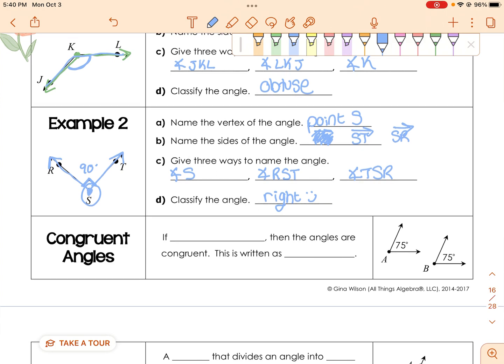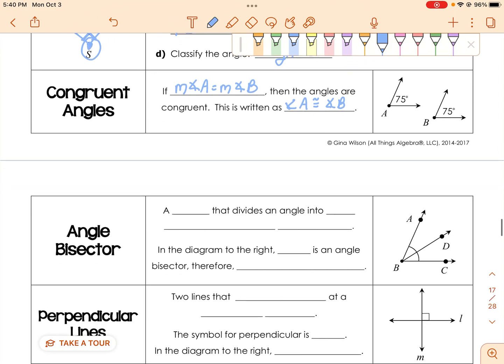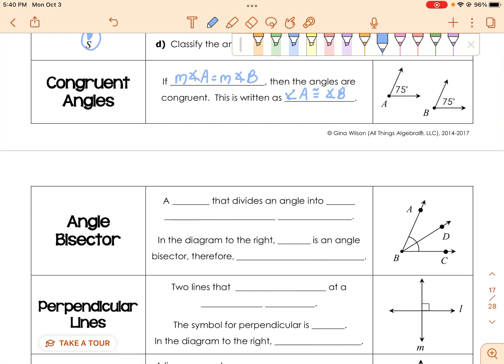The same way we worked with congruent segments, we will also work with congruent angles. We say if the measures of 2 angles, like A and B in the picture there, are equal, then the angles themselves are congruent, meaning same shape, same size. An angle bisector, remember, just like a segment bisector, bisect means to cut in half.